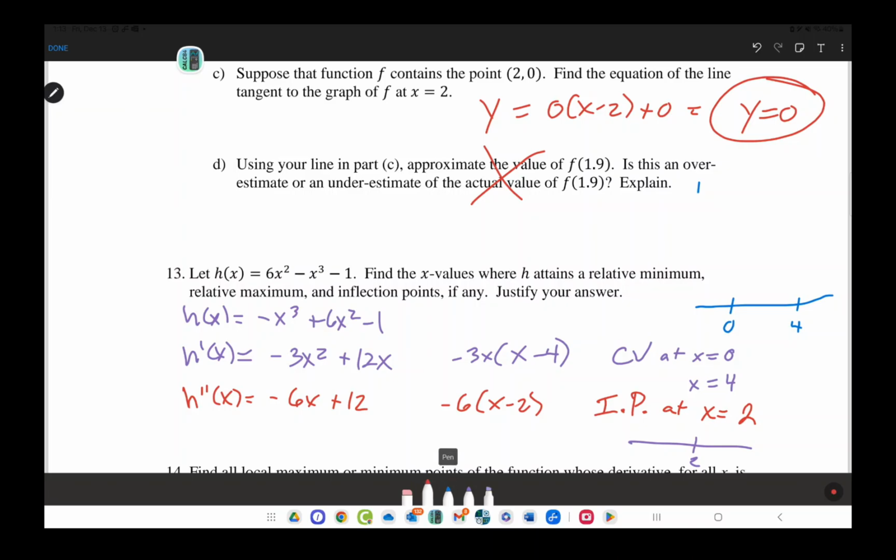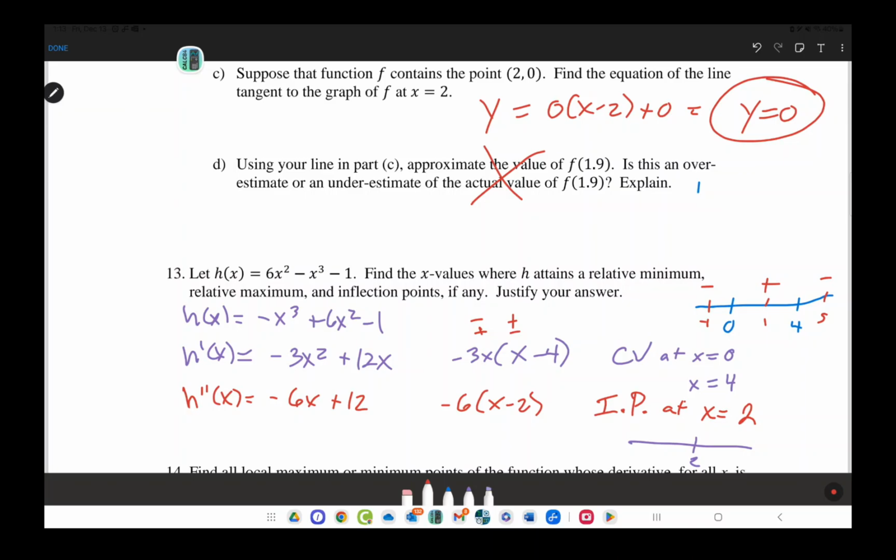So for our number line here, we pick values around: -1, 1, and 5. So at -1, we plug it into the derivative function. That would give me a positive and a negative, so negative. At 1, that would give me a negative and a negative, which is positive. And at 5, that would give me a negative and a positive, which is negative.